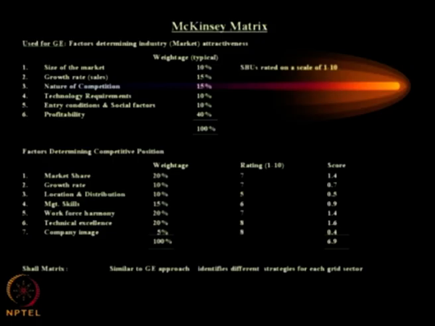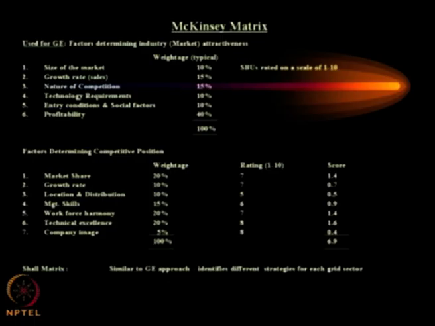Whatever they have used, I have presented as a typical Indian company's version in this particular slide, as a table on industry attractiveness and competitive position, which I just described on page 127 in the book. So, typically the McKinsey matrix is used by GE with a slight modification.